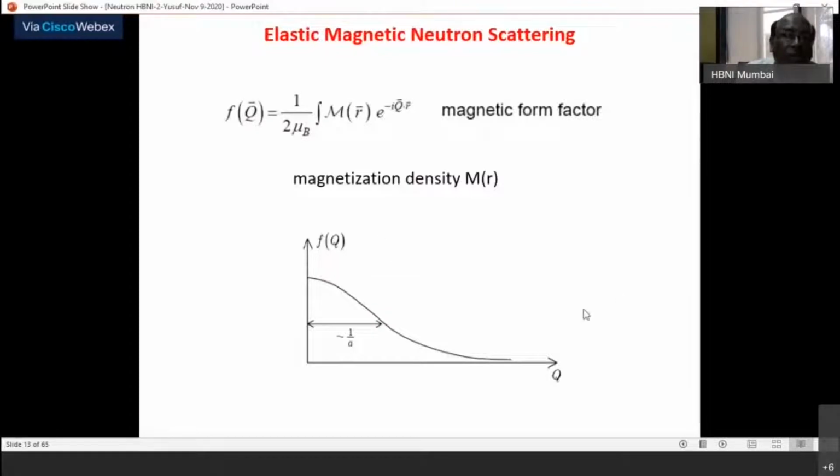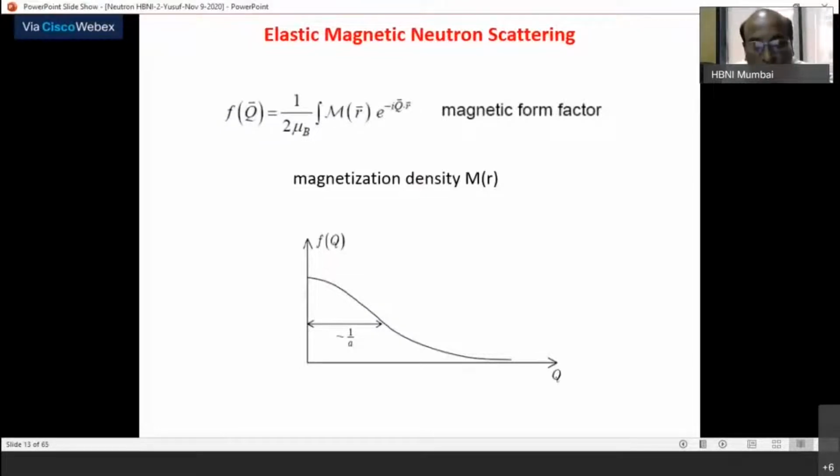Now, if you read the diffraction theory, that is what you learn in all these. So, in summary, let me summarize what I said so far. When you are doing X-ray diffraction, due to the Coulombic interaction between the electric field vector and all the electrons' charge cloud, you get the form factor.